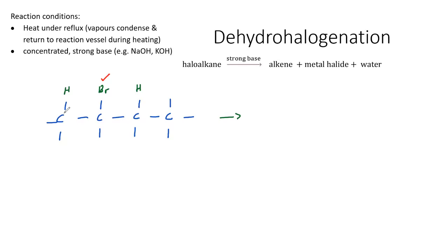The major product is formed when you take the Br halogen and the hydrogen on the right-hand side of the Br.